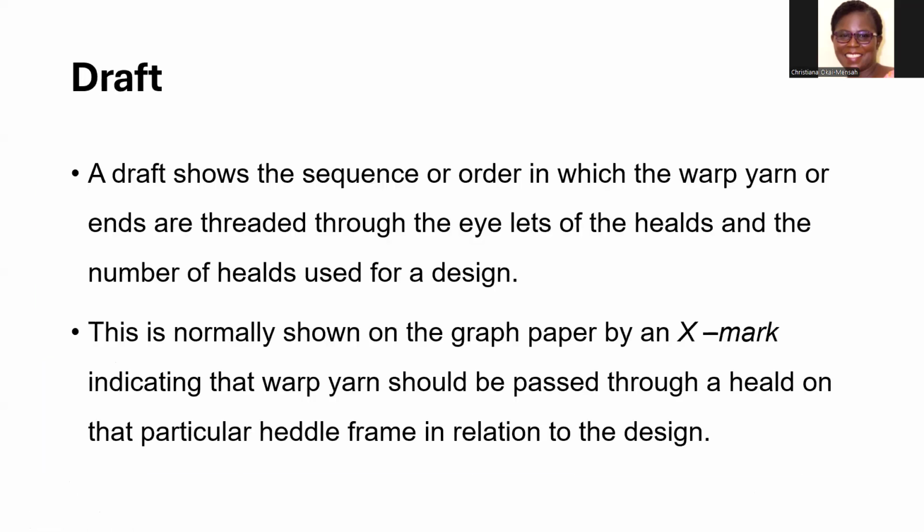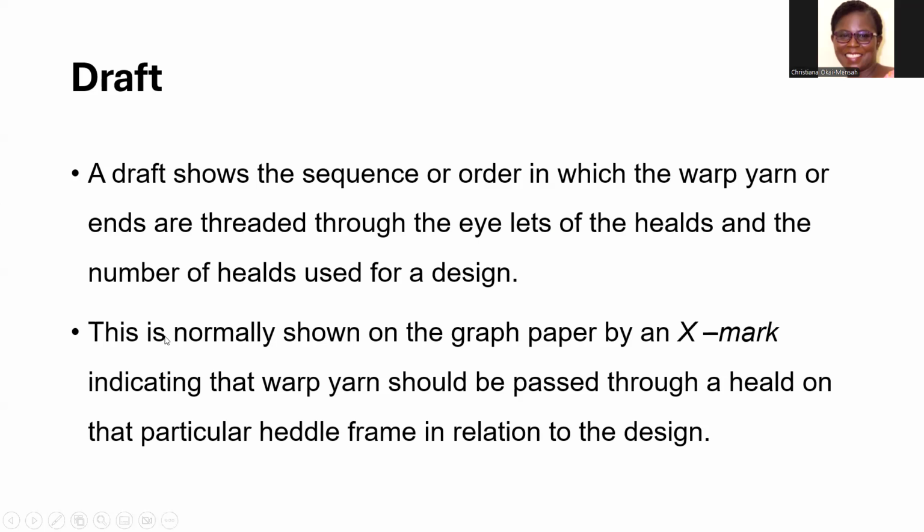So what is the draft? The draft shows the sequence or order in which the warp yarns or the warp ends are threaded through the eyelets of the heddles and the number of heddles used for a design.